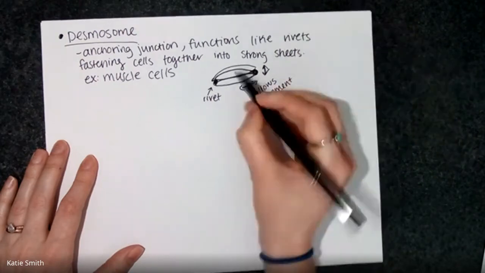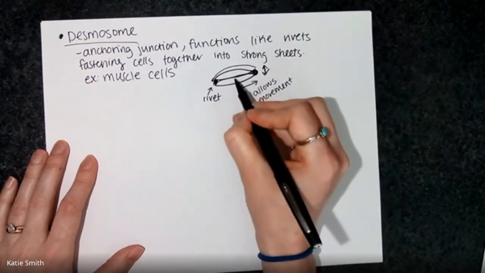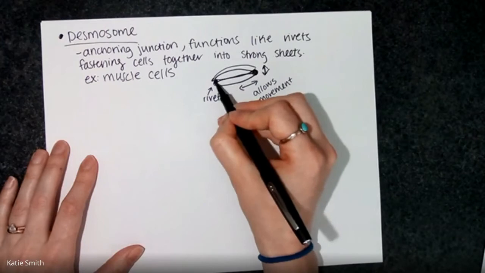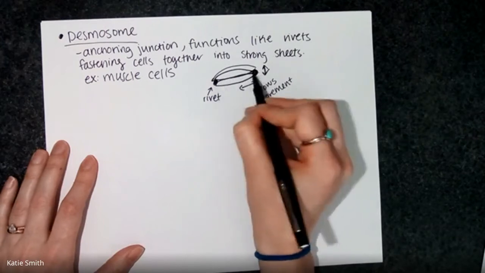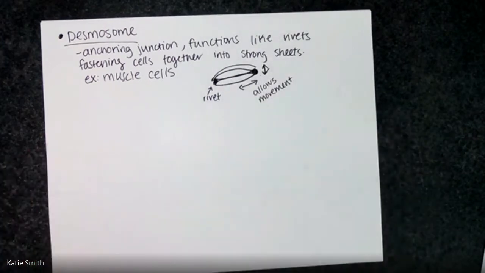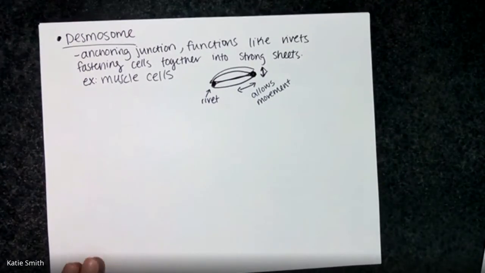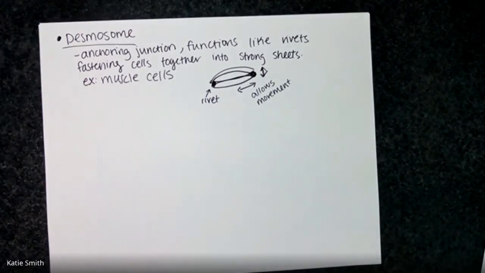So like a muscle cell, this muscle cell isn't attached to the next muscle cell, only at this rivet is where it's attached. Other than that, it can move alongside it. If our muscles weren't like this, then you wouldn't be able to stretch your arm out because those muscles would be attached at every point along that cell membrane. And so they wouldn't be able to stretch and move and do what they need to do.